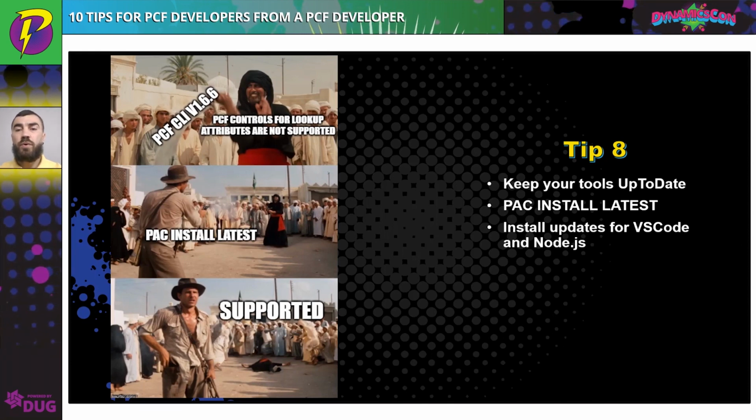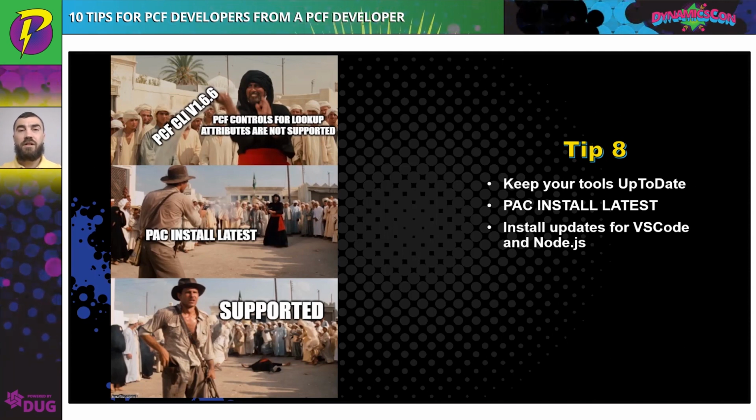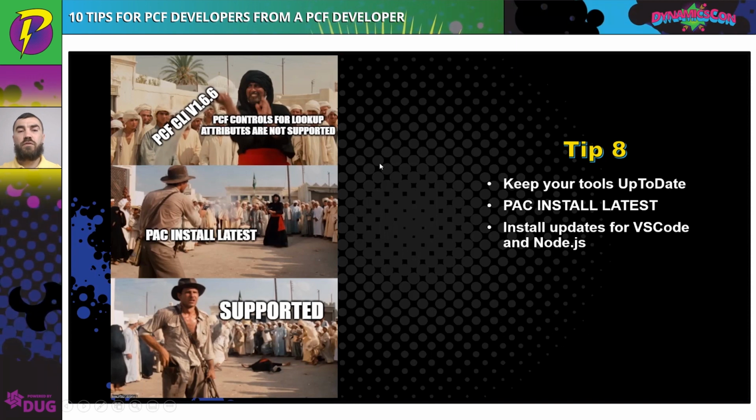The story with PCF CLI is slightly different. It doesn't suggest installing updates even when they are available, and in order to do that you will have to run a special command from the command line interface. Let me jump to VS Code to show you that.